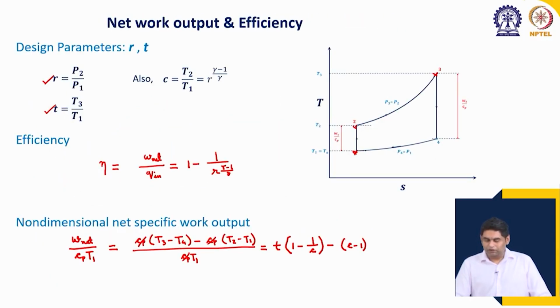By the way, before I proceed further, I would like to suggest that although we are deriving expressions like this for eta and for net specific work output, it is very important to remember that these expressions should not be directly used as formula for solving numerical problems. These are generally derived so that we can plot the performance characteristics for different design parameter values, to see how the design parameters affect the performance.